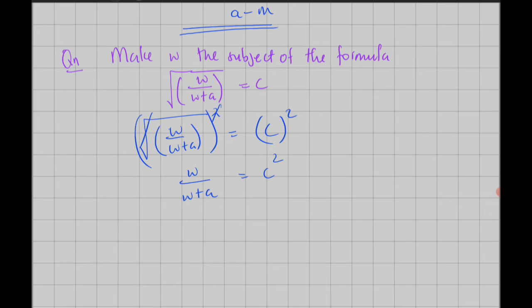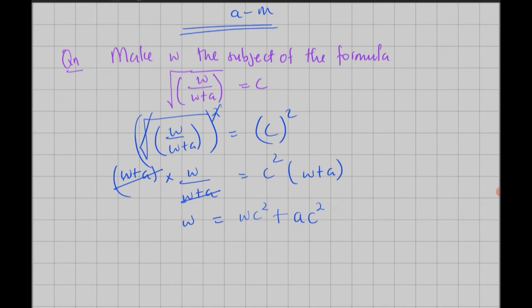So how do we now remove the denominator? We multiply both sides by w plus a. These cancel each other, and you are left only with the w. So c squared times w, we get w c squared, and c squared times a, we get a c squared.